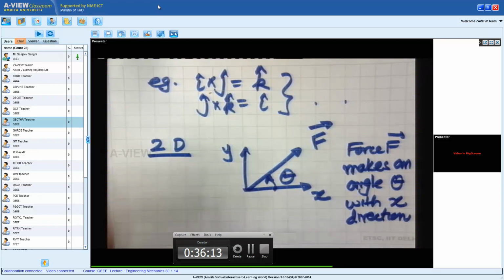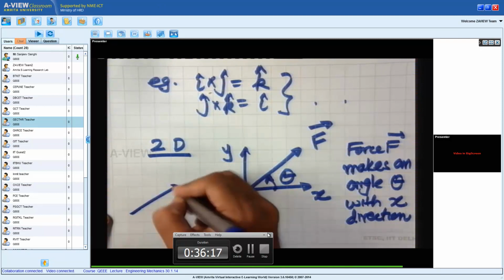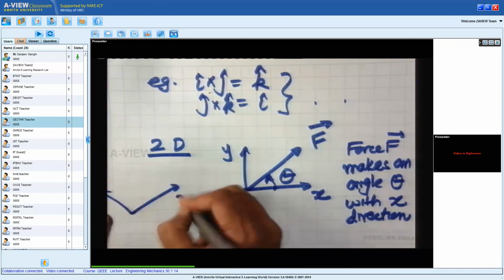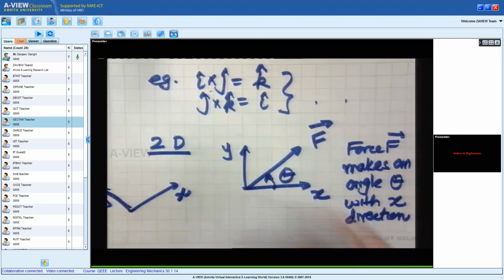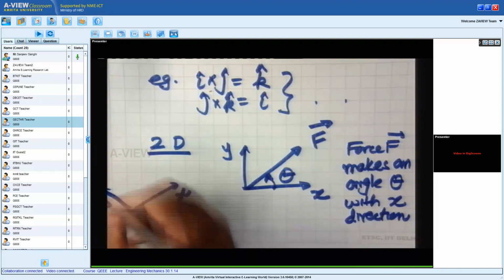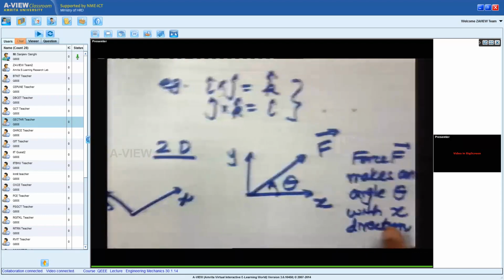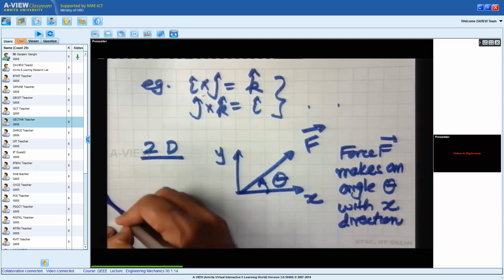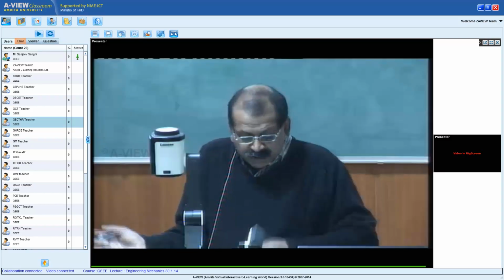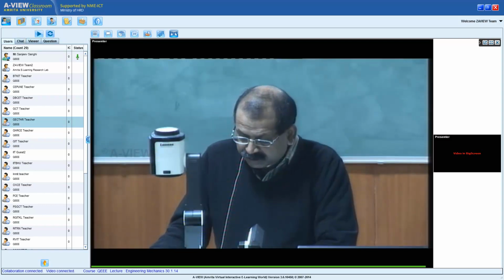Now, I have shown x and y as horizontal and vertical, but x and y could also be chosen as perpendicular directions along the incline and perpendicular to the incline. So we can choose x and y in any possible way. The y direction need not always be vertical.